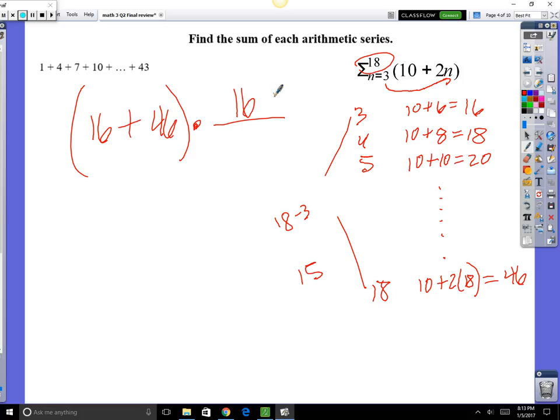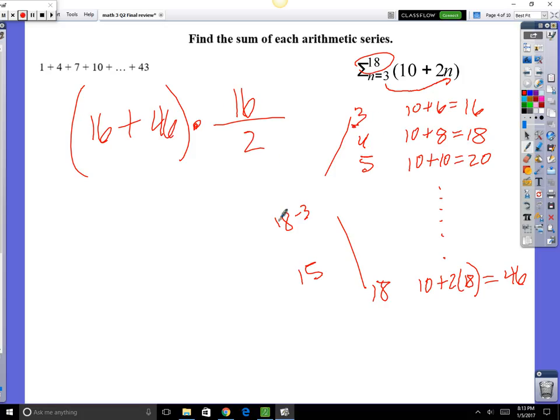It's actually 16, because you're going to include the 3. The difference between 18 and 3 is 15 spaces, but I'm going to include the 3. So if you count on your fingers, it might be easier. 3, 4, 5, 6, 7, 8, 9, 10, 11, 12, 13, 14, 15, 16, 17, 18. So count on your fingers, include 3, and you should get 16.